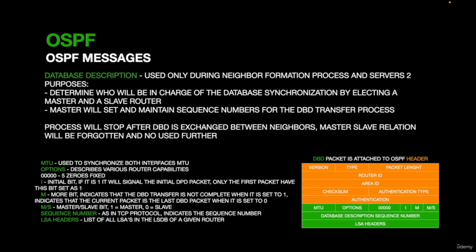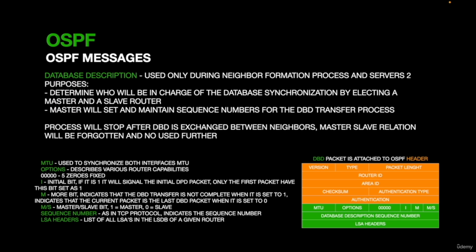We can also have a database description, which is also an OSPF message, and it is used only during the neighbor formation process, and it serves two purposes: to determine who will be in charge of the database synchronization by electing a master and a slave router, and the master will set and maintain the sequence number for the database description transfer process.